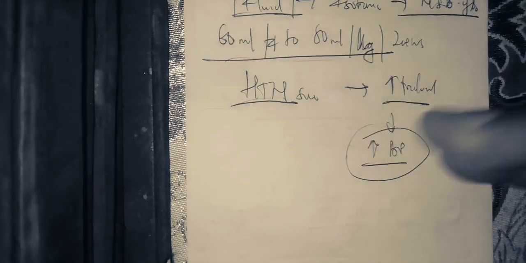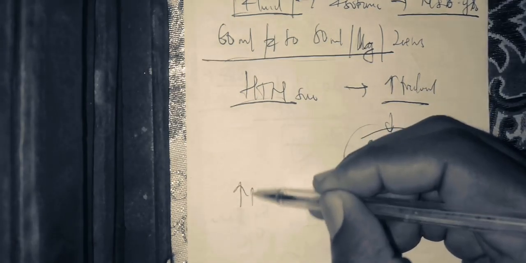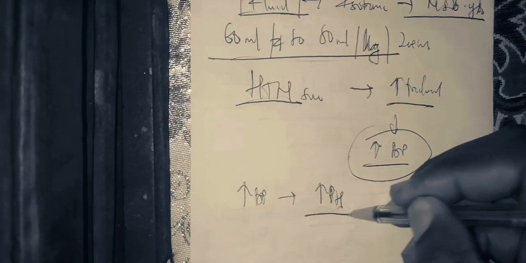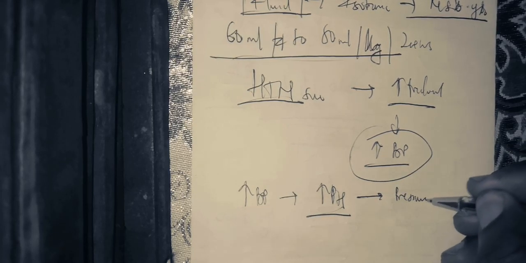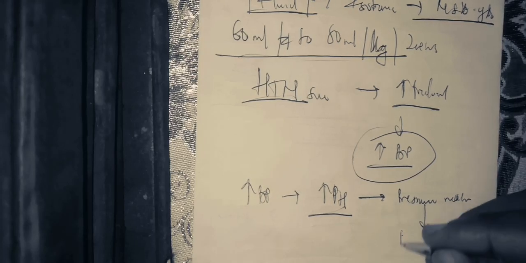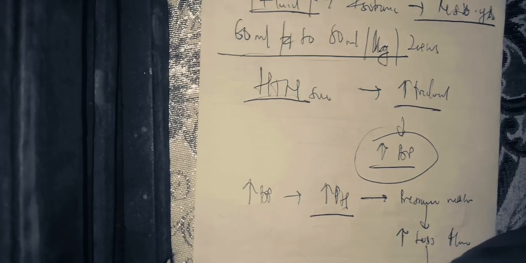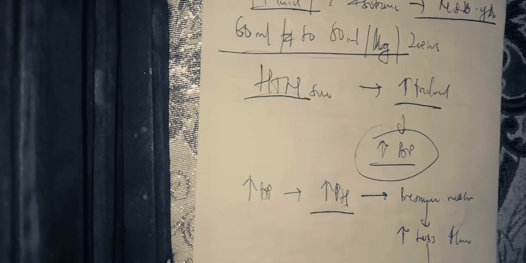Now, why the fluids need to be given, we have already explained in the pathophysiology of ischemic acute tubular necrosis: when there is an increase in blood pressure, you have an increased hydrostatic pressure at the level of the glomerulus, which results in pressure natriuresis, which results in an increased loss of fluids, which results in a reduction in renal blood perfusion. Is it clear?